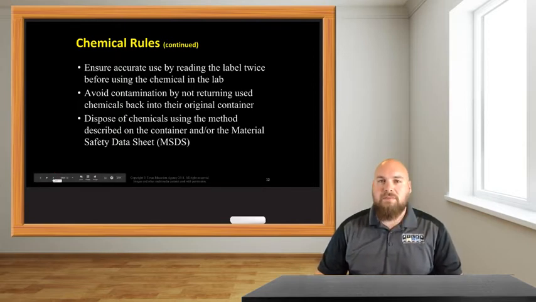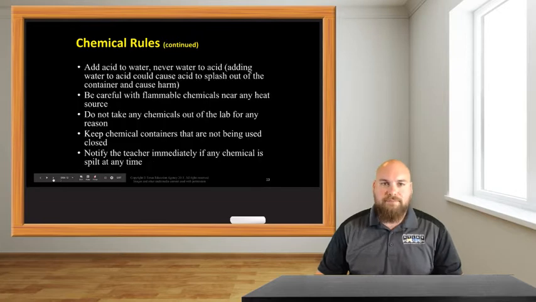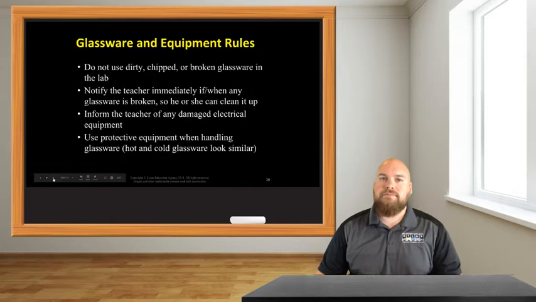That'll be described each lab when we do cleanup. Make sure that you're careful with flammable chemicals near heat sources. Make sure that you do not take chemicals out of the lab for any reason. This includes even a beaker of water. Don't even take that out, because that's meant to be in the lab. We're going to keep the containers always closed after we're using them. And then of course, if there's any spill, let me know.